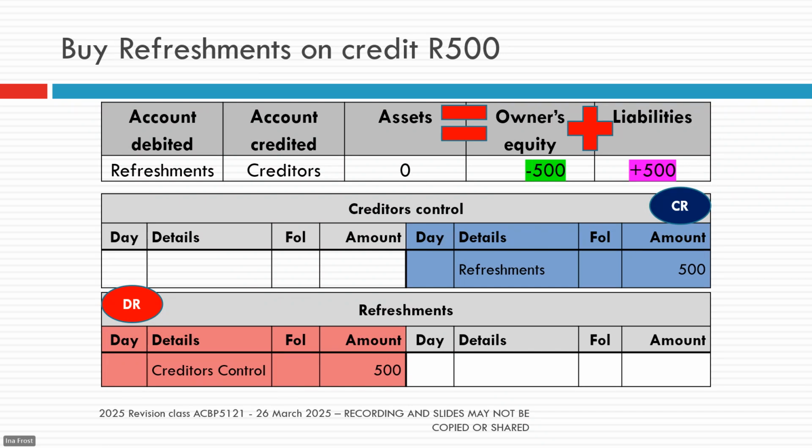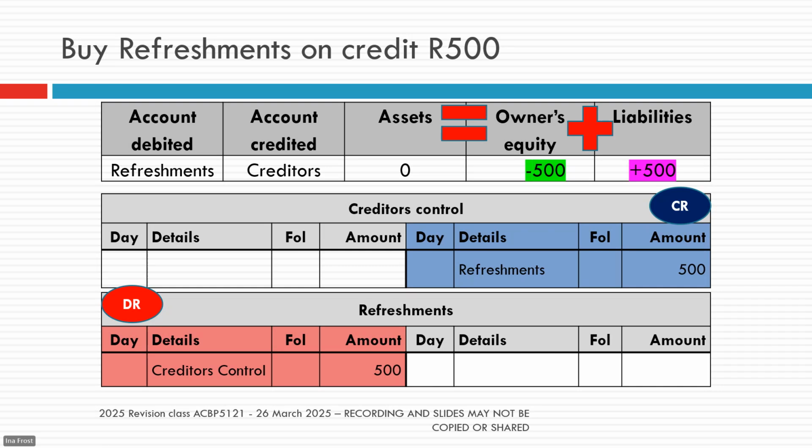Hi, Ina. I'm not sure if you just need to remind them that when they are doing their posting to the T accounts in the general ledger, there is the cross-referencing with regard to the contra account. For example, when we're doing the entry for refreshments on the debit side, because we're doing the debit entry, we write down the contra account of the credit entry, which is creditors control.